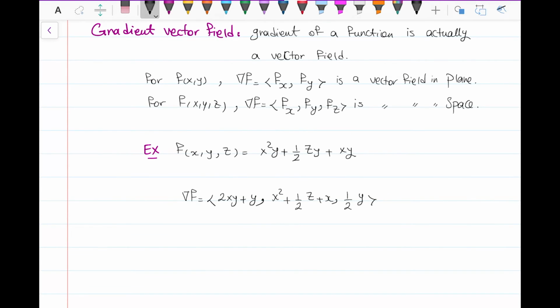Now, after studying the gradient vector field, an important question that comes to our mind is: can we identify any vector field as the gradient of some function?